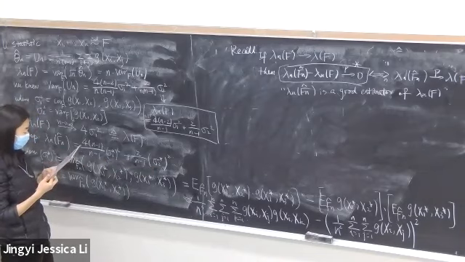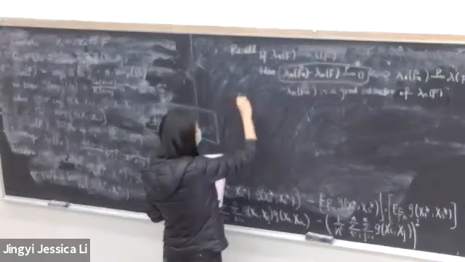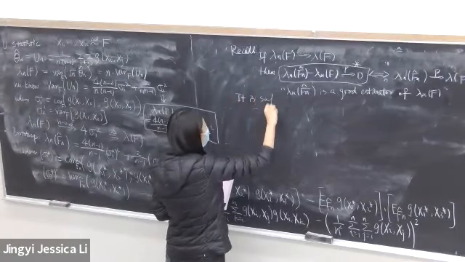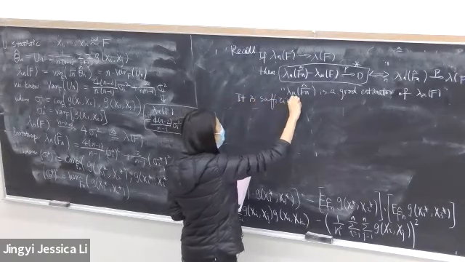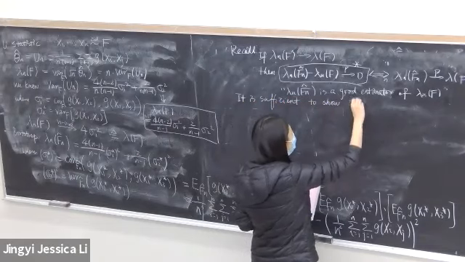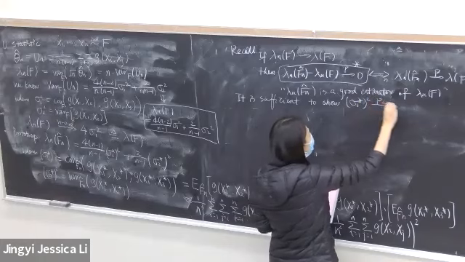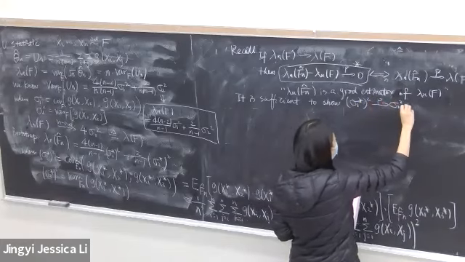Actually, we need something else to show that. So basically, it is sufficient, I should say, to show sigma 1 star squared converges in probability to sigma 1 squared.